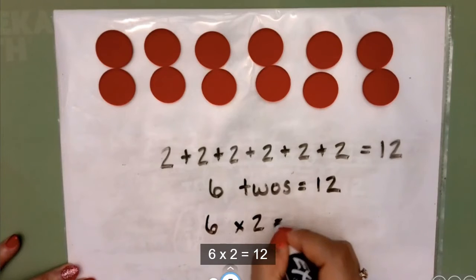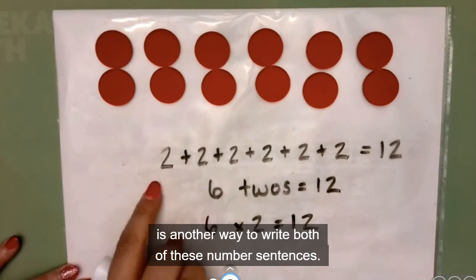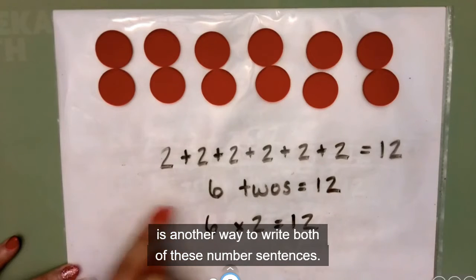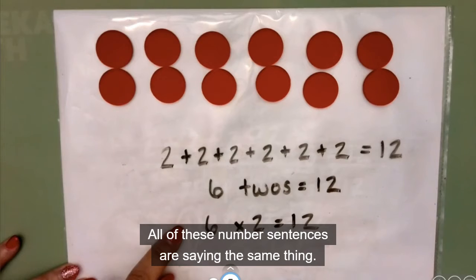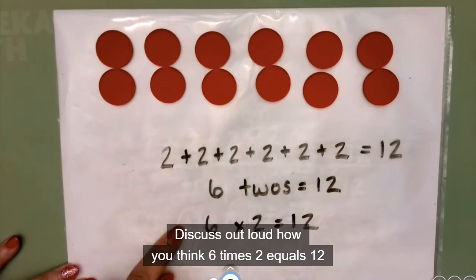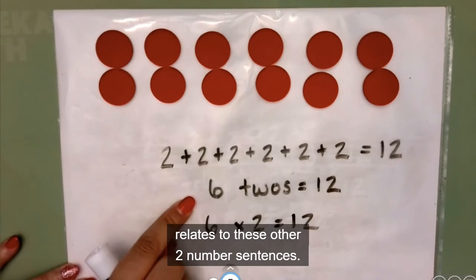6 times 2 equals 12 is another way to write both of these number sentences. All of these number sentences are saying the same thing. Discuss out loud how you think 6 times 2 equals 12 relates to these other two number sentences.